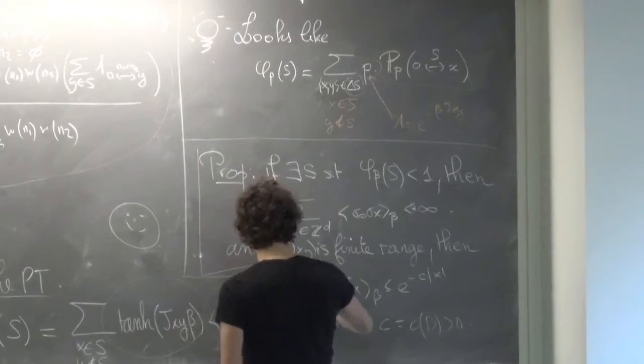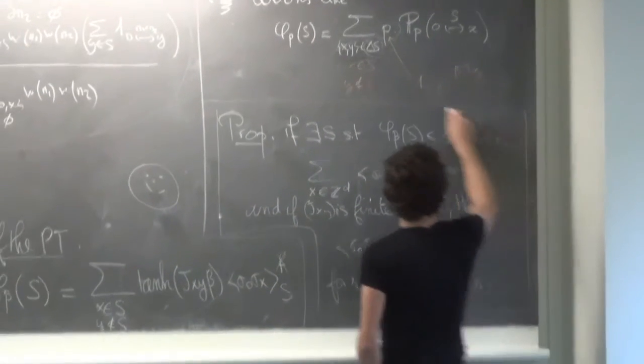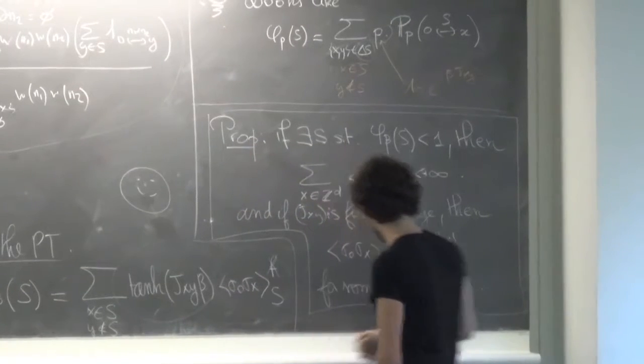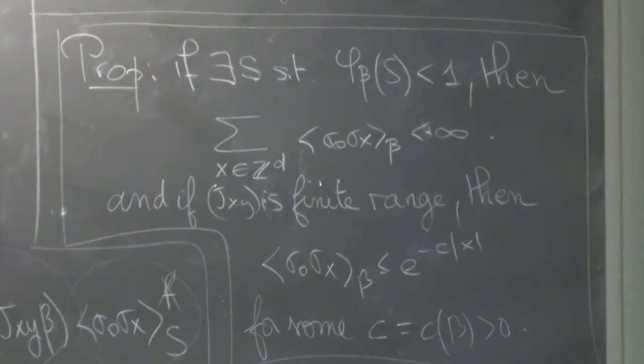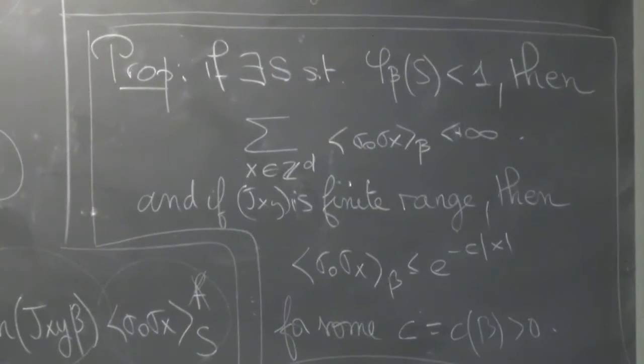So morally you get exponential decay, it's just that in infinite range, exponential decay is not what you are looking for because it's not holding, but it's just the finiteness of the susceptibility.